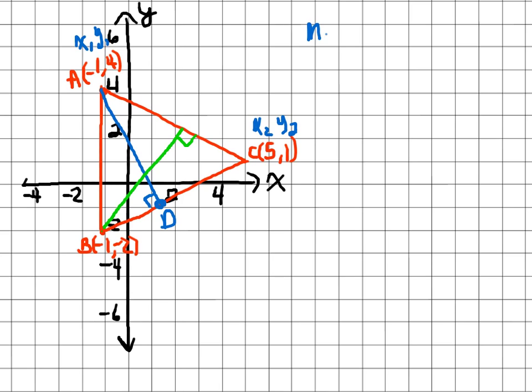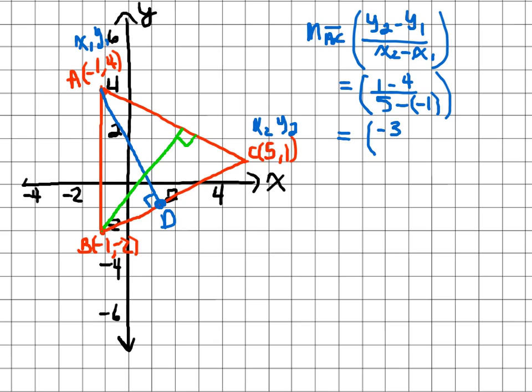My slope of AC is y2 minus y1 over x2 minus x1. And that is equal to y2 is 1 minus 4 and x2 is 5 minus 1.